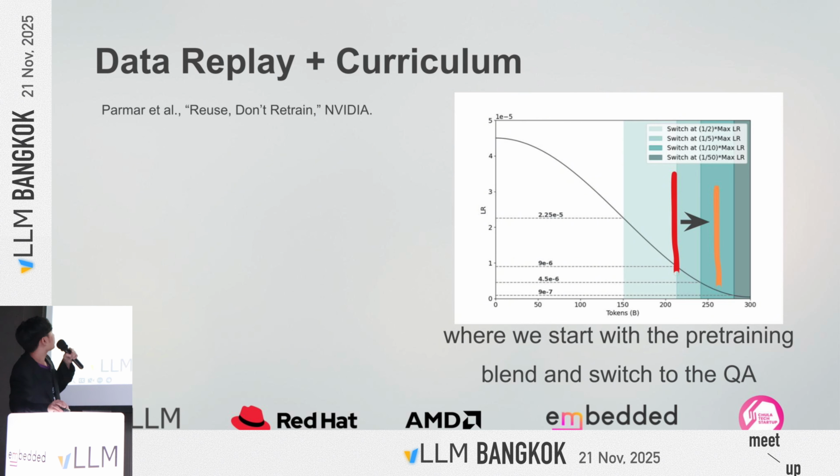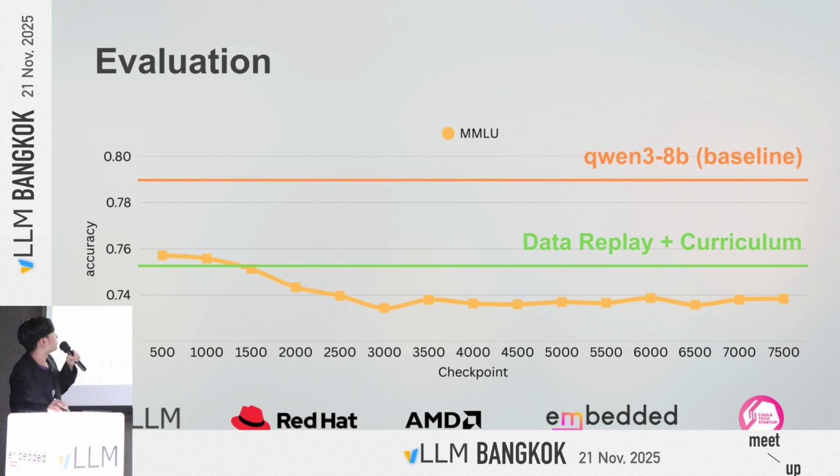So I shifted the spot where we switch from the pre-train blend to the QA blend to here. As shown here, there is a 55 billion token pre-train blend and 8 billion tokens of QA blend. So this is an evaluation.